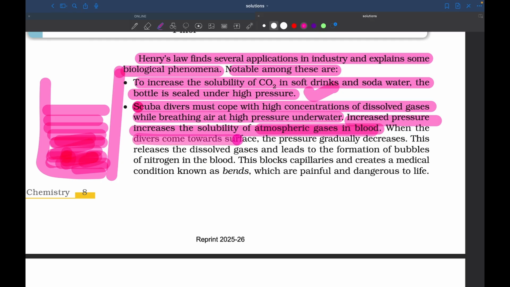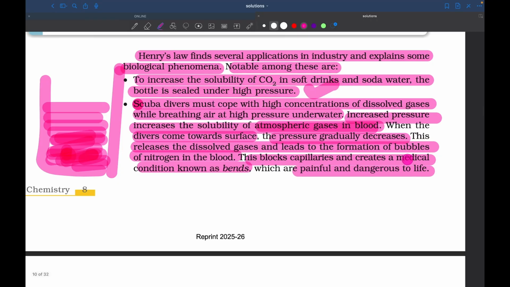When divers come towards the surface, the pressure gradually decreases and the dissolved gases lead to formation of bubbles of nitrogen in the blood. This blocks the capillary and creates the medical condition known as bends, which is painful and dangerous to life.